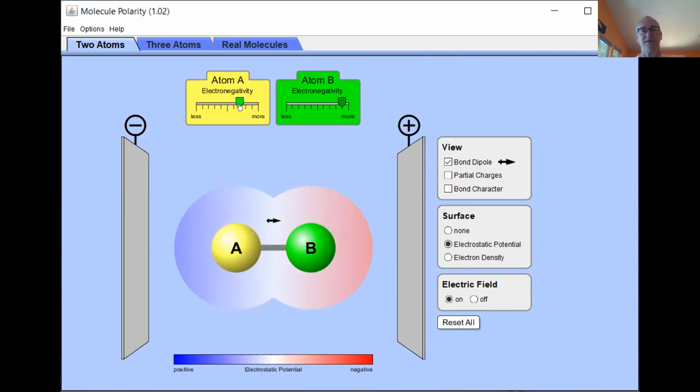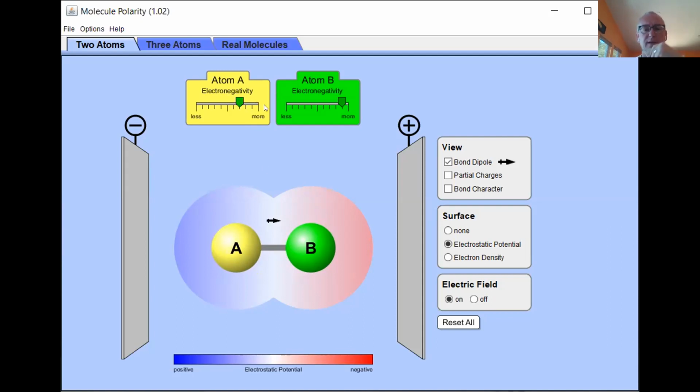So basically the first thing we want you to learn on the 2-atom screen is to list all the different ways that you can change the polarity of the 2-atom molecule, the diatomic molecule. And then it asks you to record your ideas about how the bond dipole changes as you change the electronegativity.